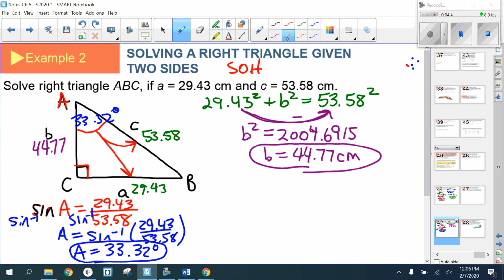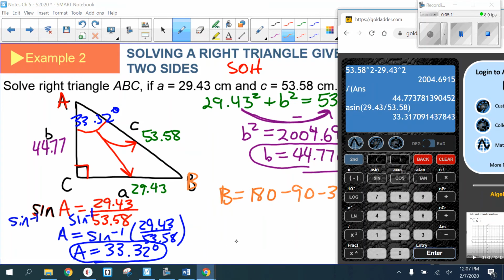That last angle right here is B, but that should be easy to find if we've got two angles because we still know that property that angles in a triangle are going to add up to 180. So this is probably the easiest way of doing it. 180 minus 90 minus 33.32. But it's not the only way of doing it. You could do SOHCAHTOA again if you want. Do a different trig function or a different angle or whatever.